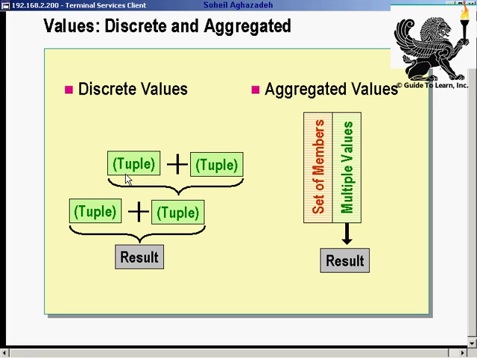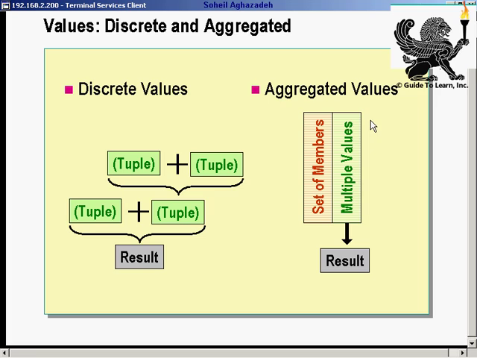By default, if you just go with the measure name, or for example, whatever the fact table measure is, you get the whole result of the entire cube. However, if you put the intersection by separating the dimensions with a comma within the parentheses, then you are actually pointing to a specific location in your cube. The beauty of discrete values is that you could combine multiple tuples together and get the final result that way, very similar to nested queries in SQL Server.